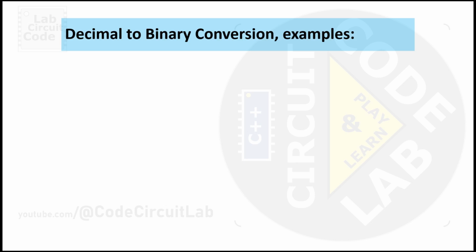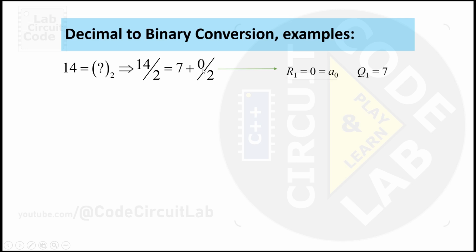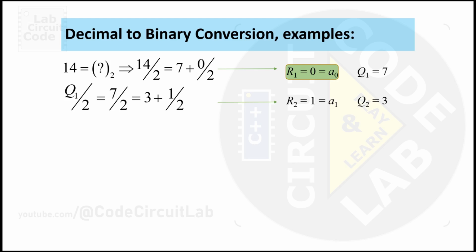Decimal to binary conversion. This is another example. We have 14 in decimal and we want to convert it to binary. Our first quotient will be 7 and the first remainder is 0. So we have found our first coefficient. Then the second quotient is 3 and the second remainder is 1. So we have found a1.